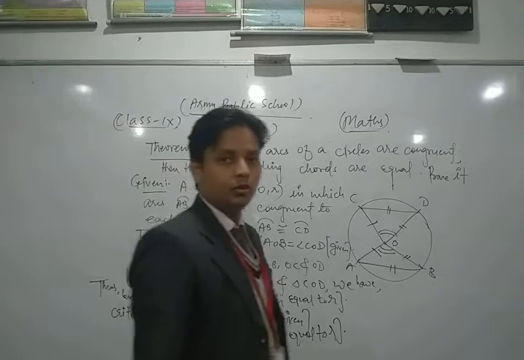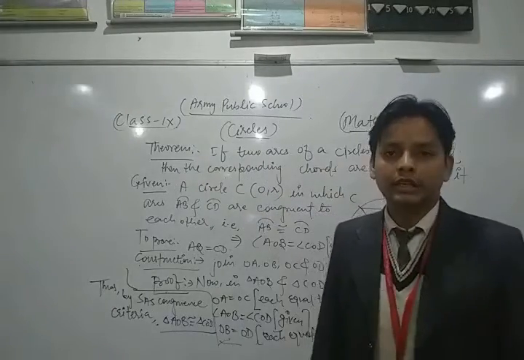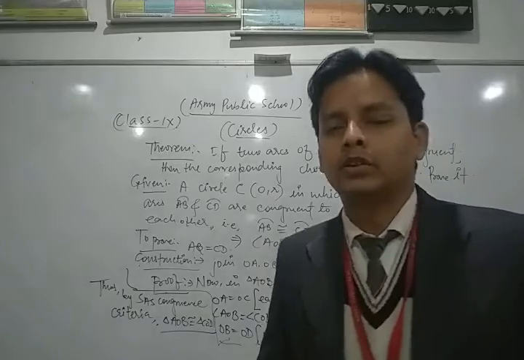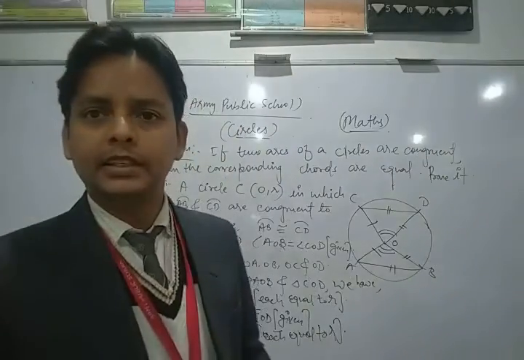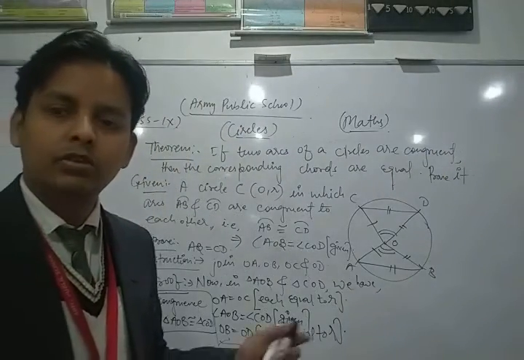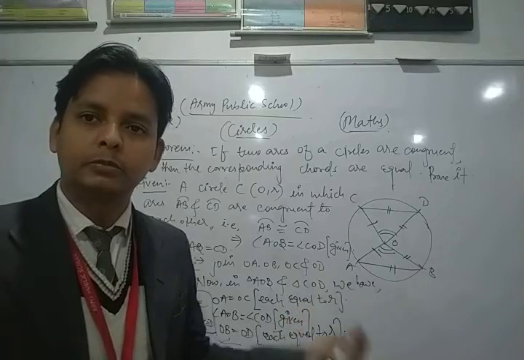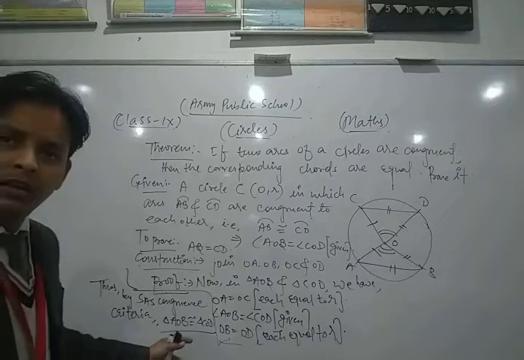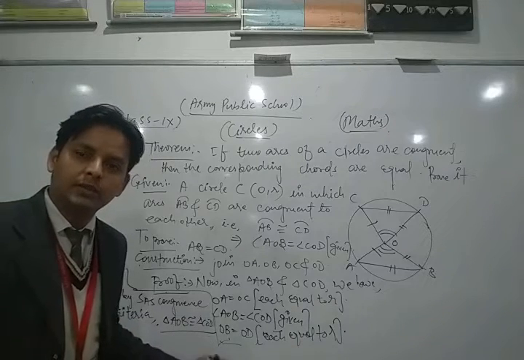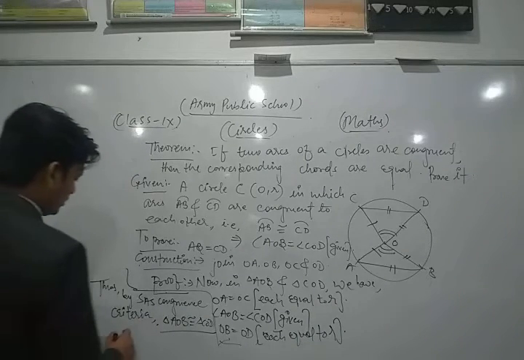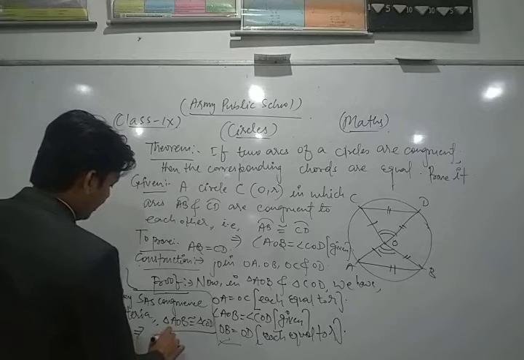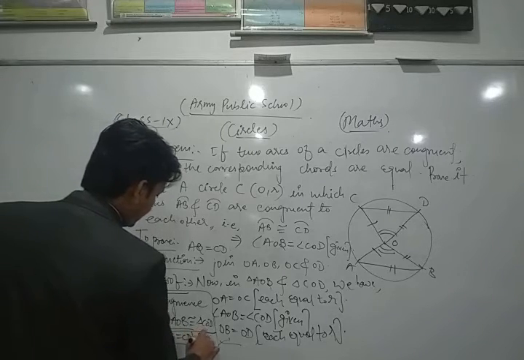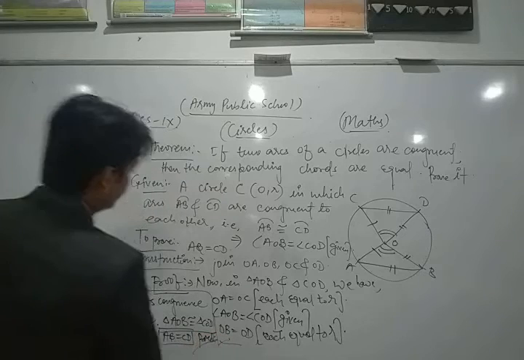Dear friends, you know that if two triangles are congruent to each other, then by the concept of CPCT, the corresponding parts of congruent triangles must be equal to each other. So by CPCT we have AB is equal to CD. Hence proved.